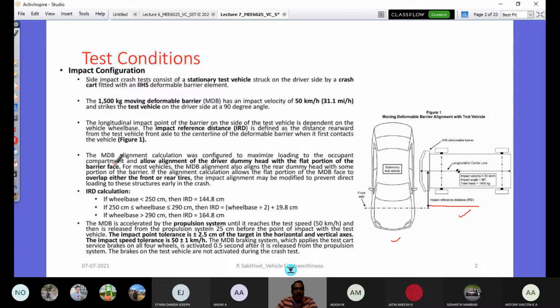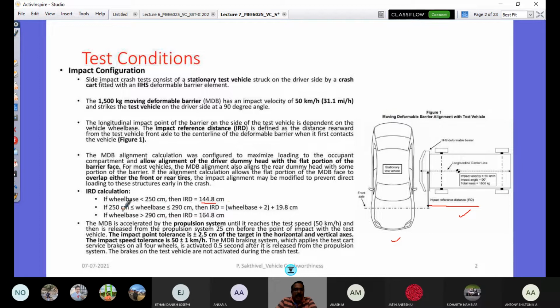This MDB, the moving deformable barrier, alignment calculation was configured to maximize loading to the occupant compartment and allow alignment of the driver dummy head with the flat portion of the barrier face. That's what I was just telling you. This IRD calculation depends on the wheelbase. If the wheelbase of the test vehicle is less than 250 centimeter, then the IRD is 144.8 centimeter measured from the front axle axis.